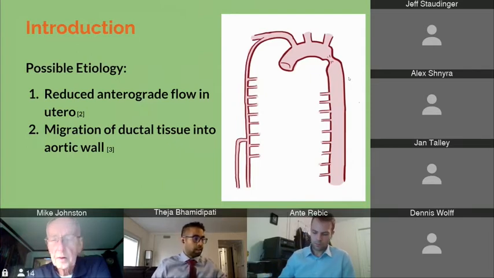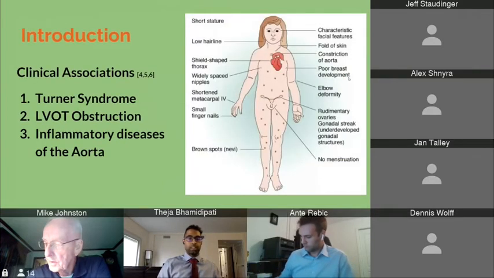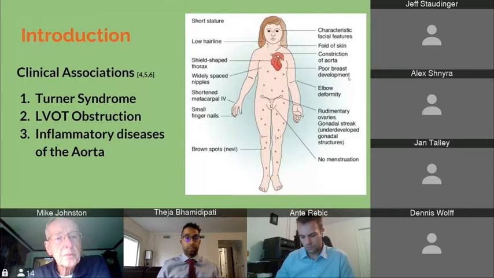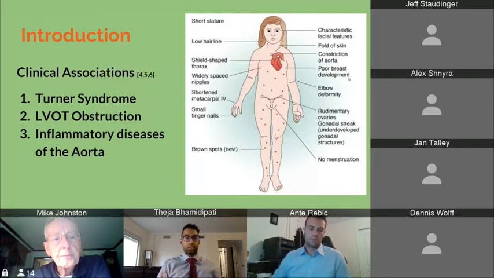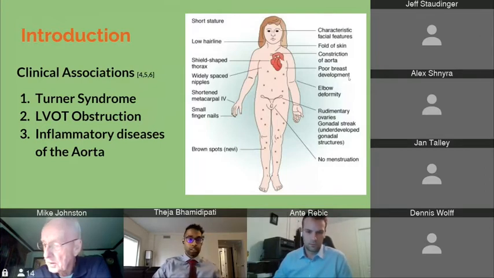And as I go on to the next slide, we'll talk about why aortic pathology, in particular things like Turner syndrome and left ventricular outflow obstruction, are of interest, because unlike other congenital heart defects, coarctation of the aorta does not present in isolation very commonly. It presents in the grander context, with the most common being Turner syndrome. Now, Turner syndrome and left ventricular outflow obstruction have been studied quite heavily, and there is a good fund of knowledge for those diseases. However, the third issue here is unspecified inflammatory diseases of the aorta.